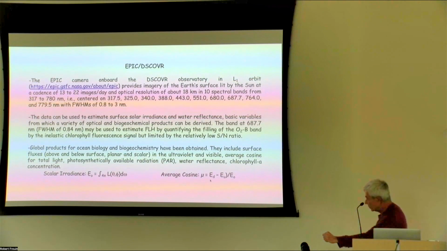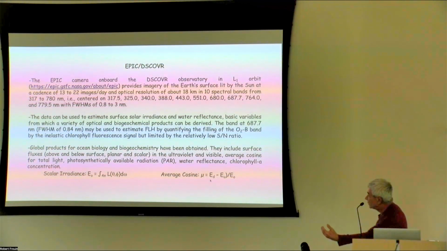And here I just reminded you of the definition of the scalar irradiance, which is an important parameter for primary production: the integration over the 4-pi solid angle of the radiance reaching the point. And the average cosine is also an important parameter to characterize the angular distribution of the underwater light.